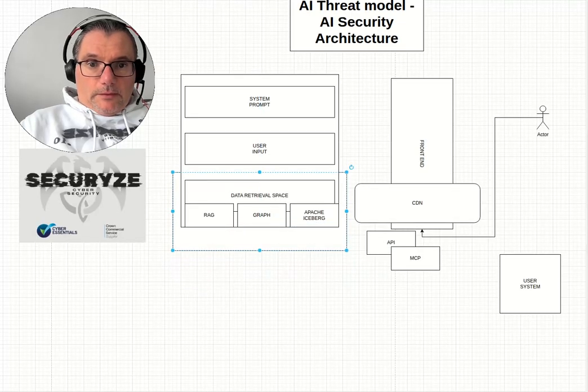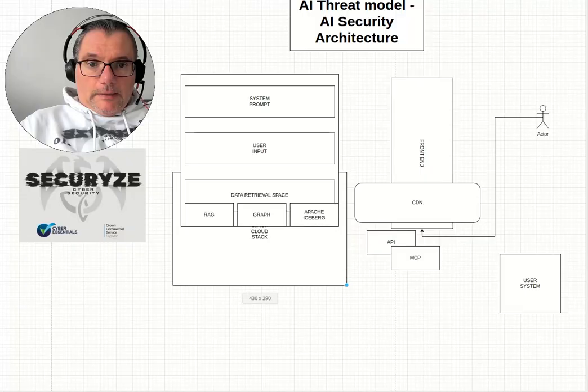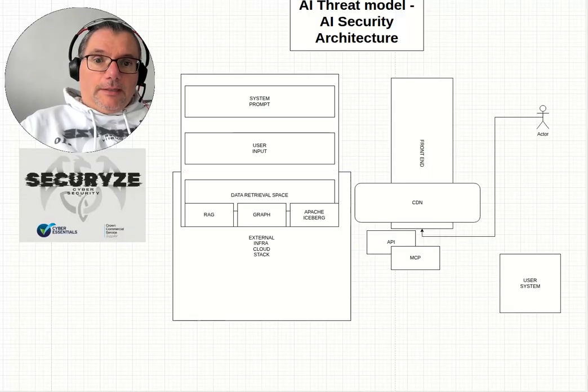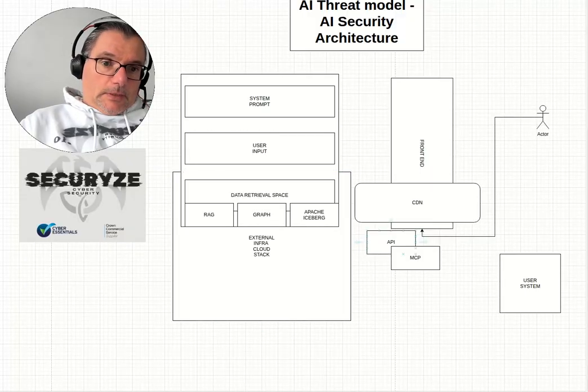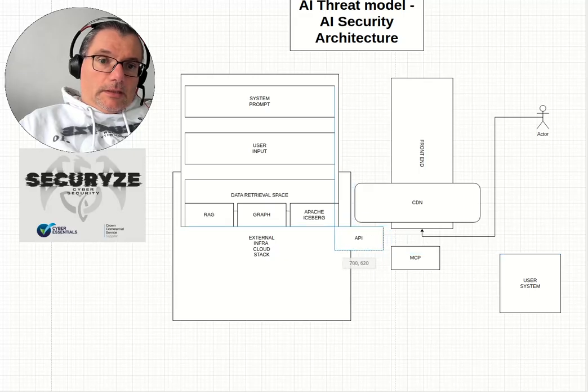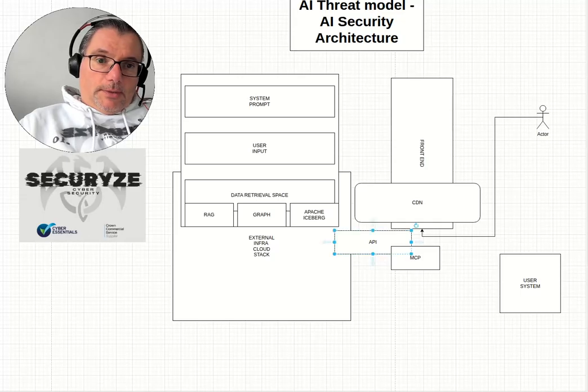So we consider this one as the potential external cloud infra. There, obviously, you're going to have some overlap of API, some overlap of MCP.